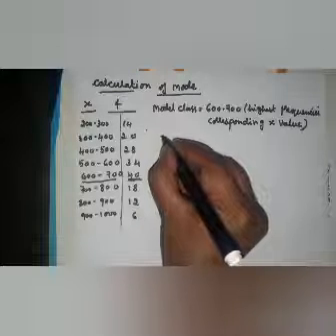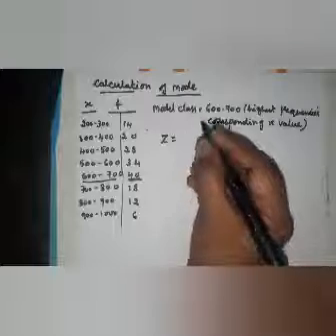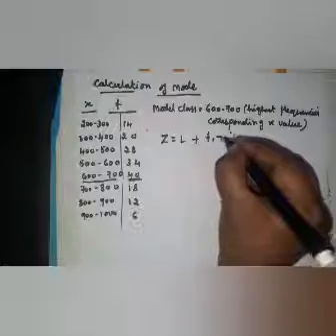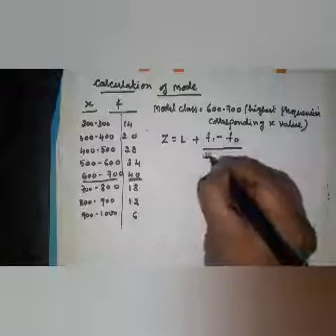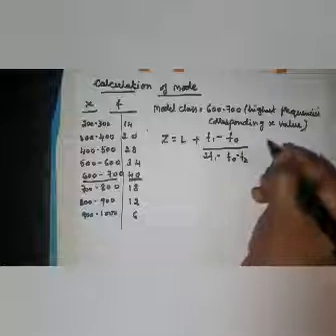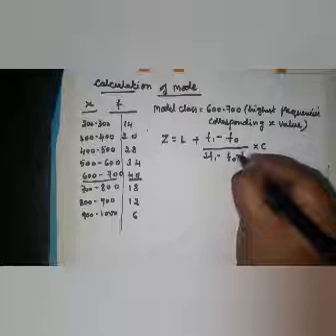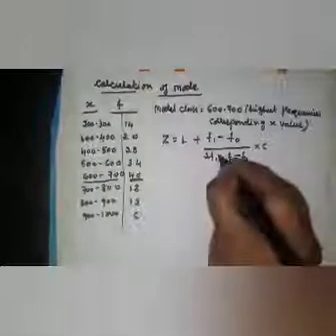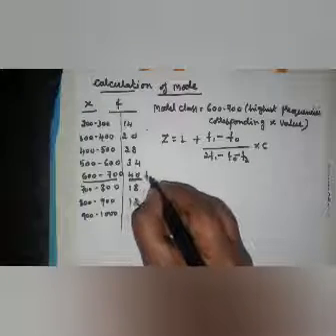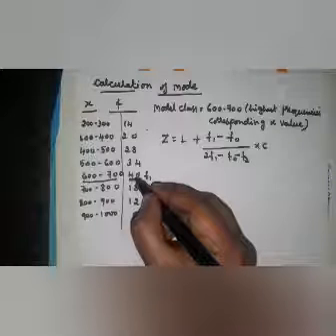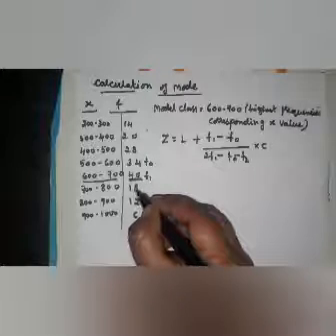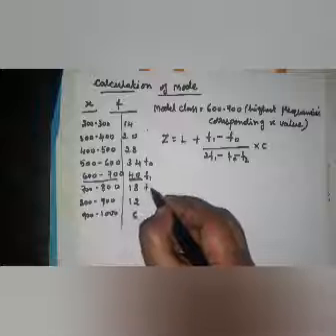The formula for calculation of mode is Z equals L plus (F1 minus F0) divided by (2F1 minus F0 minus F2) into C. The highest frequency is taken as F1, the preceding frequency of the highest frequency we denote as F0, and the succeeding frequency of the highest frequency we denote as F2.